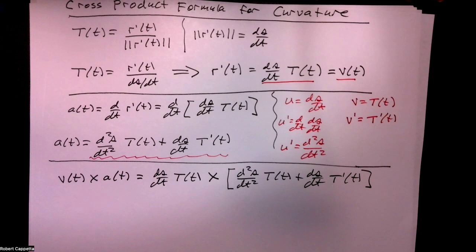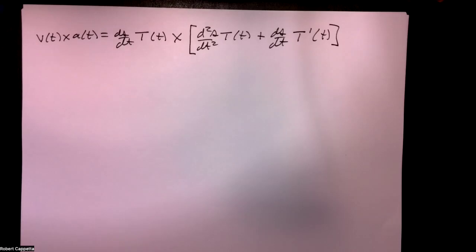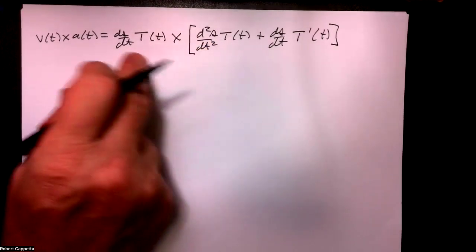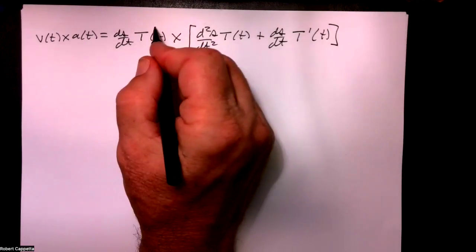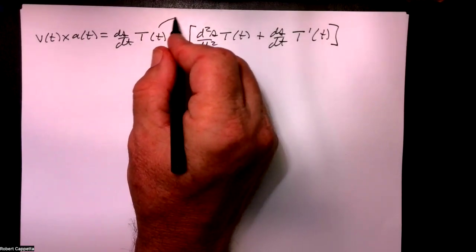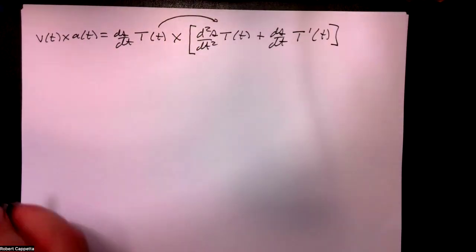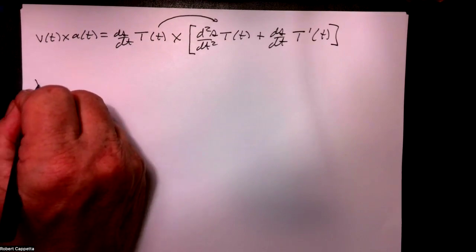So let's go ahead and collect our information that is relevant and do the analysis we need to get the curvature. And here we are, and the cross product distributes the way we would want it to, and we can pull the scalar values out in front. So handling this part, cross product of this piece with this piece, what do we get first here?